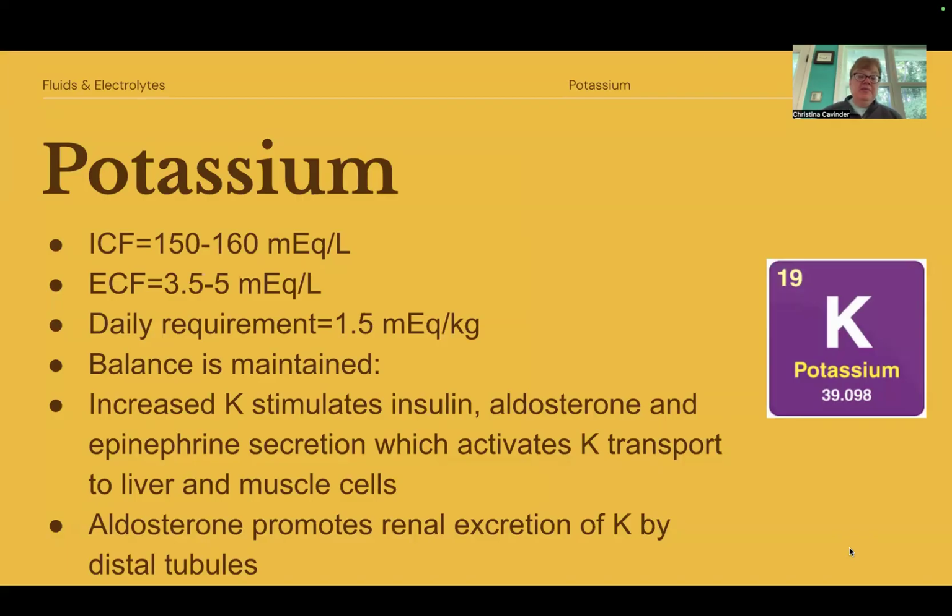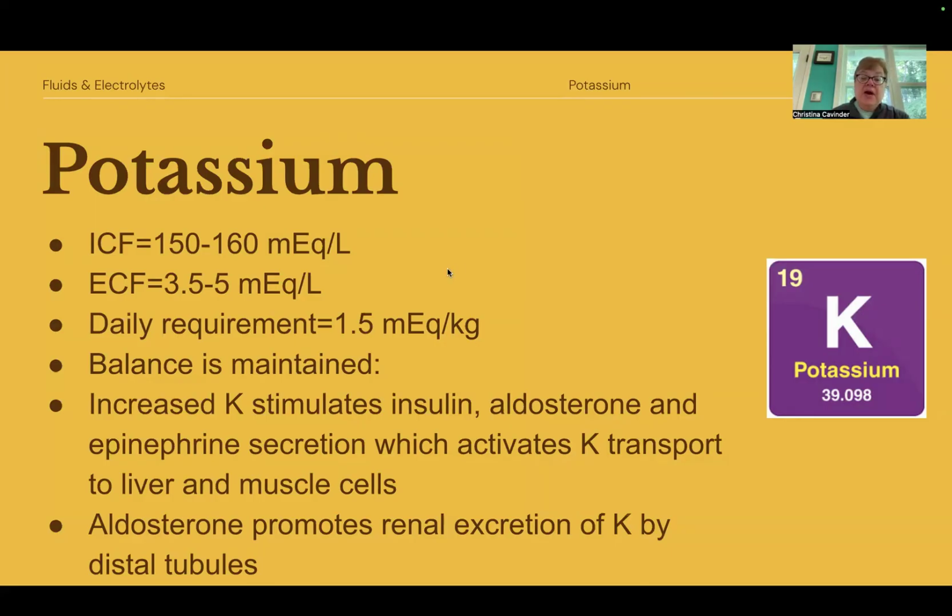Potassium, what we see if we draw a lab, we want it 3.5 to 5. In the cell, though, it's pretty high, 150 to 160. We're not drawing what's in the cell, we draw what's outside of the cell. So what we see on the labs is the extracellular fluid. You keep the potassium inside the cell.